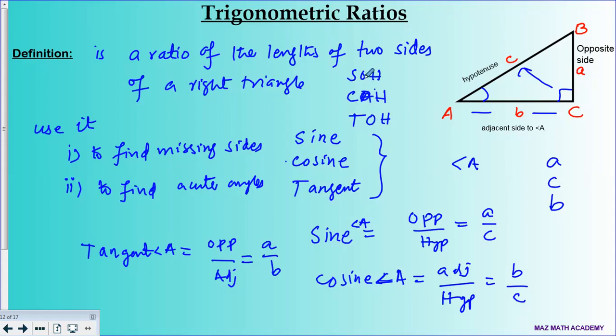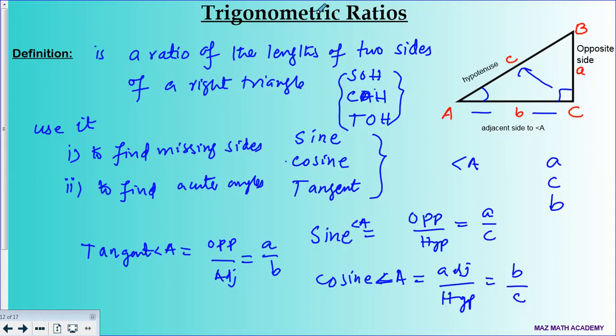Sine equals opposite divided by hypotenuse, cos equals adjacent divided by hypotenuse, and tangent equals opposite divided by adjacent. So we can remember these trigonometric ratio formulas by using this trick.